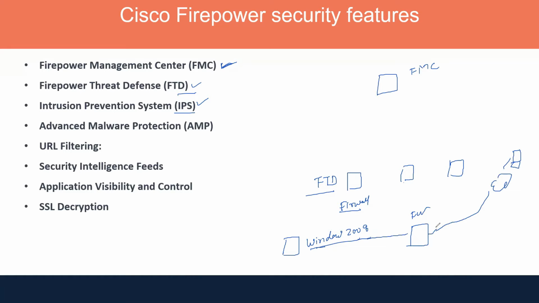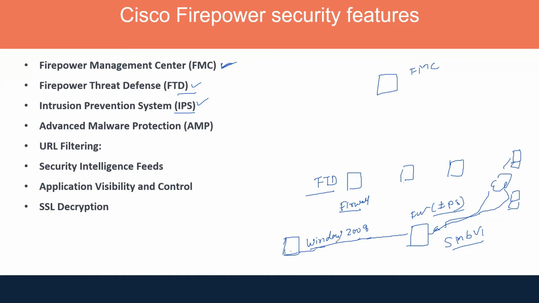And let's say for Windows Server 2008, there are a lot of known vulnerabilities. For example, let's say we have the SMB version 1 vulnerability on this Windows server. So what would the attacker try to do? The attacker would try to exploit this vulnerability. However, when this attacker runs the exploits, my firewall would be able to identify them, because on my firewall we have an IPS system which is able to identify and prevent the network from known vulnerabilities.